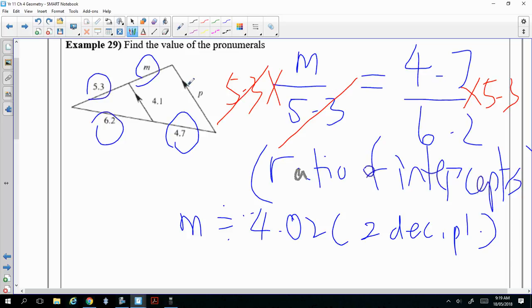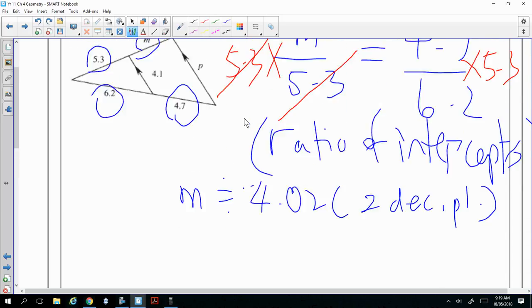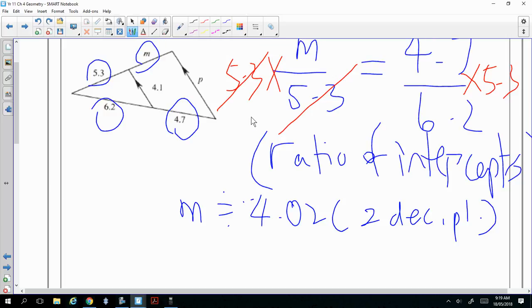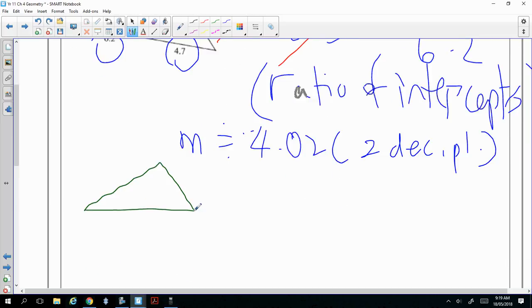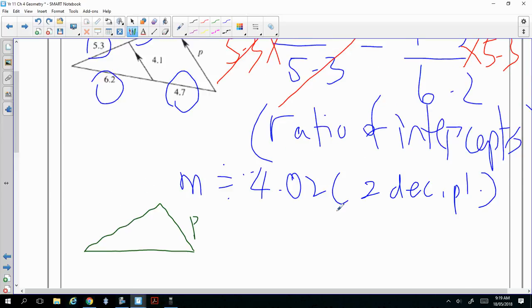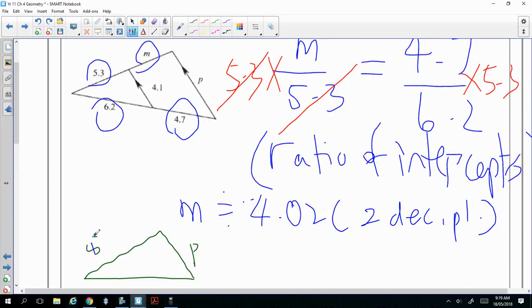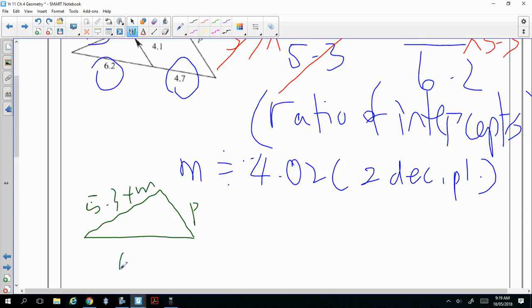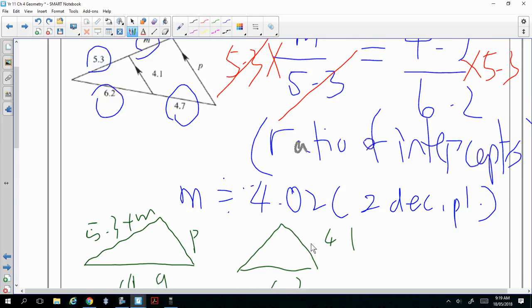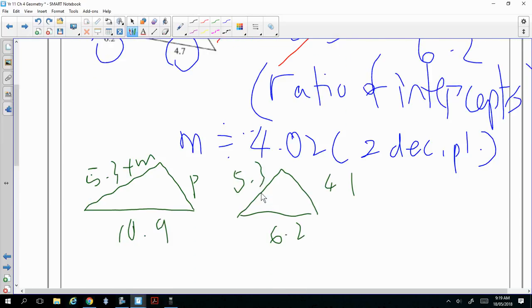So sides are in proportion, but we have to prove the triangles are similar first, because we haven't proved it. So let's write down the sides. 5.3 plus m, and then the other one is 10.9, 4.1, 6.2, and 5.3. 10.9 is 6.2 plus 4.7.